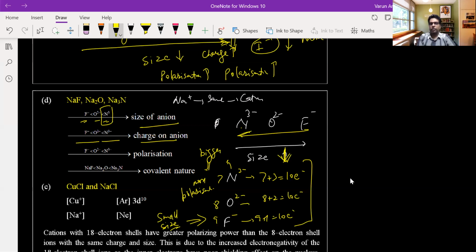So both the factors will increase the polarization. So more is the charge of the anion or bigger is the size of the anion, more will be the polarization. So polarization is more for N3 minus and less for F minus. So more is the polarization, more is the covalent character. So Na3N will be more covalent in nature and NaF will be more ionic in nature.